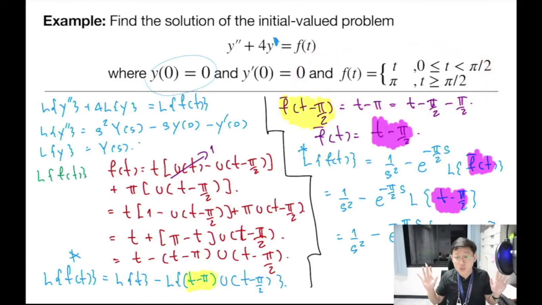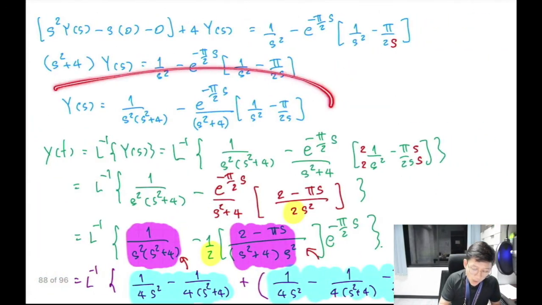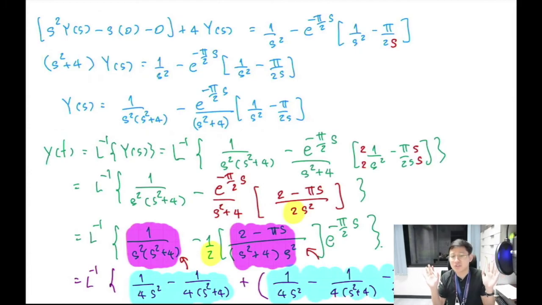You can't do it. And after that, you just need to solve for Y(s), and that is basic. It's nothing, you just manipulate the form and you get Y(s). And after that, even harder, you need to apply the inverse Laplace transform to get back y(t).